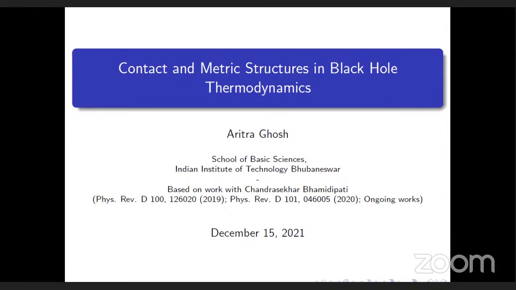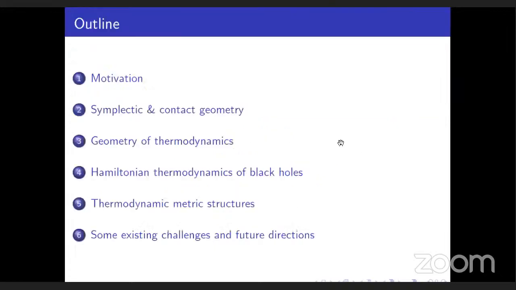So thank you, Prashant. I would like to begin by thanking the organizers for this opportunity. The title of my talk is Contact and Metric Structures in Black Hole Thermodynamics, and it's based on work done with collaborators. The brief outline of my talk is as follows. I'll begin with some motivation.